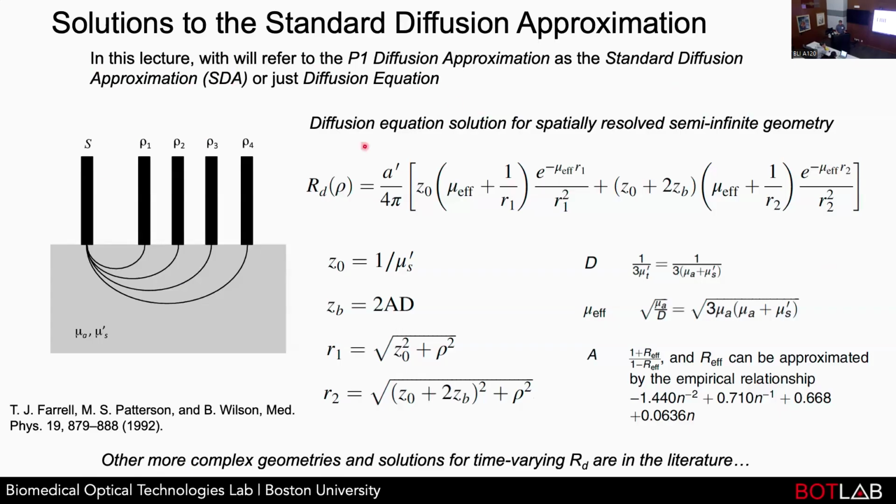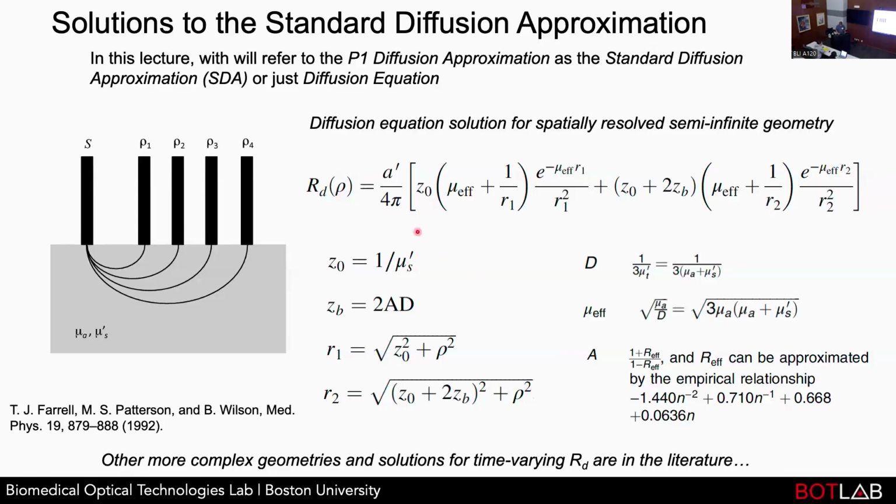This looks nasty, but it's actually a closed form solution that relates diffuse reflectance as a function of source detector separation rho to terms that are all just a function of the tissue optical properties and a little bit about the boundaries: the refractive index of the media, and the media above where you're trying to get the optical properties.